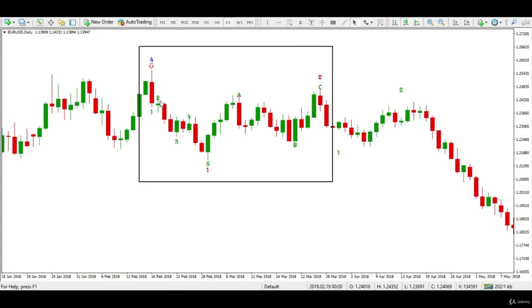And as you see, the entire 5-wave move on the 4-hour chart is a part of wave 1 on daily charts, and the entire ABC correction on the 4-hour chart is a part of wave 2 on daily charts, or on one larger degree in this case.